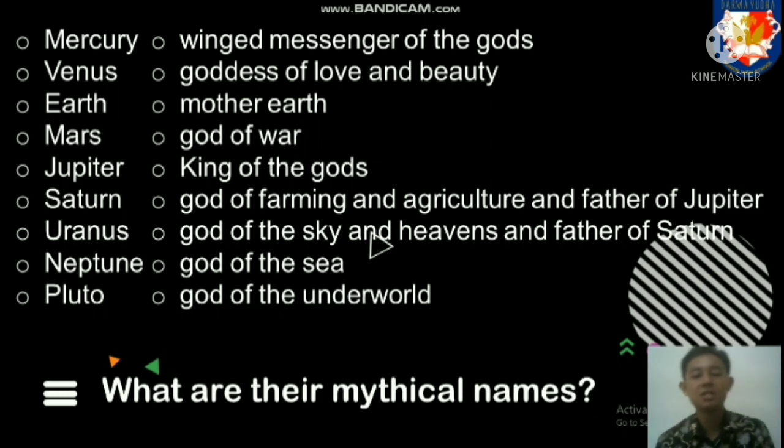So these are the mythical names. You've got to know them because it's going to be common knowledge. You may be asked in your future as general knowledge. Trust me, it will be useful for you. So that's why we are learning it right now.